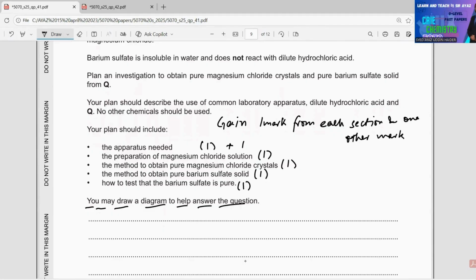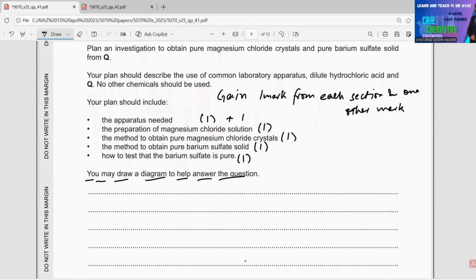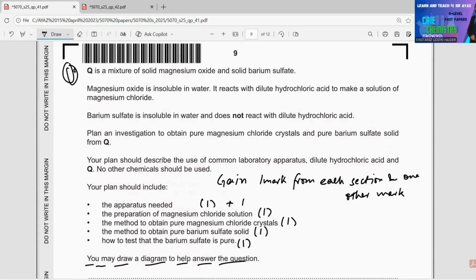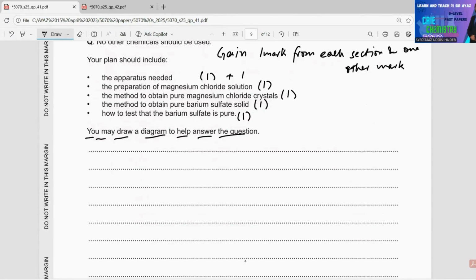So for the apparatus, if you look at the details given in the question, what apparatus do you expect you will be using? As one of the products obtained is insoluble in water, barium sulfate, you definitely need a filter funnel for this. So for the apparatus, I'm going to write filter funnel and filter paper.